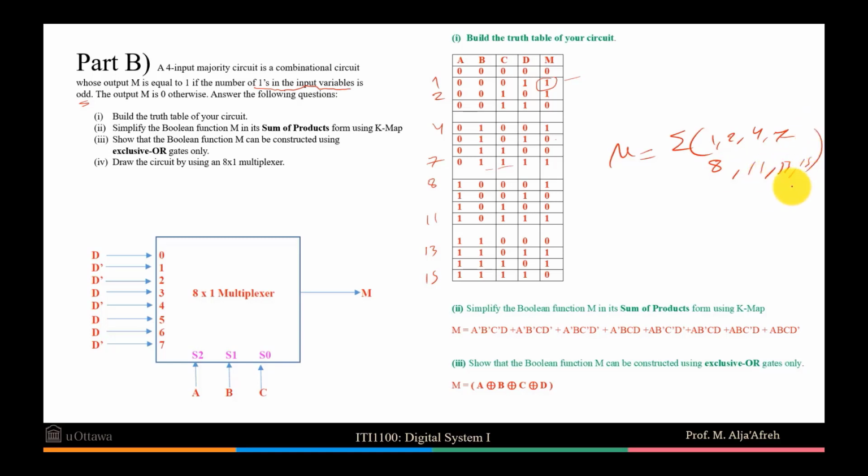If you're going to write it, the only way to simplify it is using an XOR between all the operands. That's the only way to implement it. So it's going to be A XOR B XOR C XOR D.